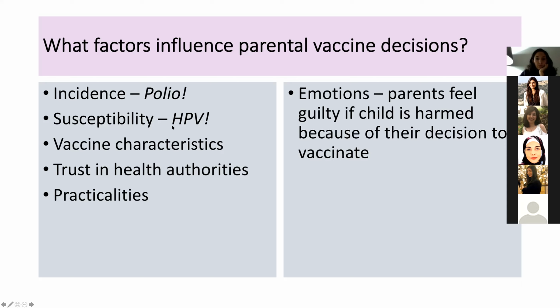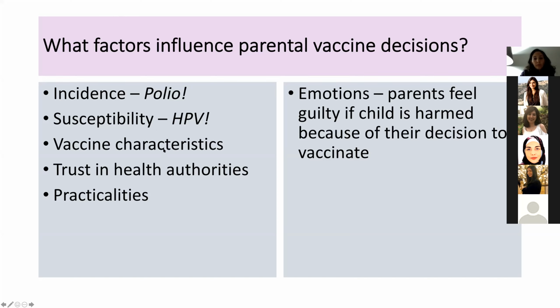But the idea is that the vaccine should be given at a younger age so that it protects the child when they engage in sex in adolescence or later. So here, susceptibility in HPV is an important concept to understand.